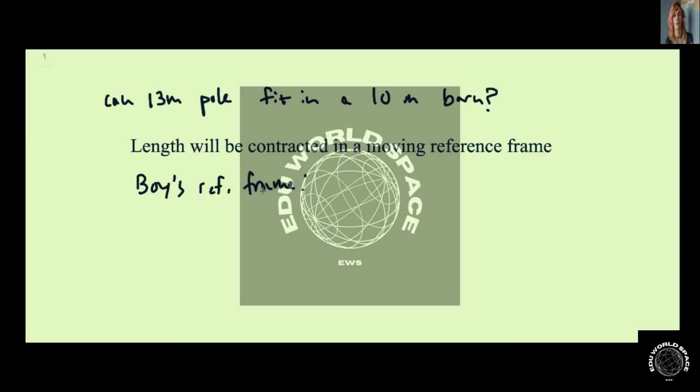So in here, the key idea is that the pole is at rest with respect to the boy. And in the boy's reference frame, the pole has a length of 13 meters, right? Because it's not in a moving reference frame, so its length is not contracted. Okay, so it's still a 13-meter pole.